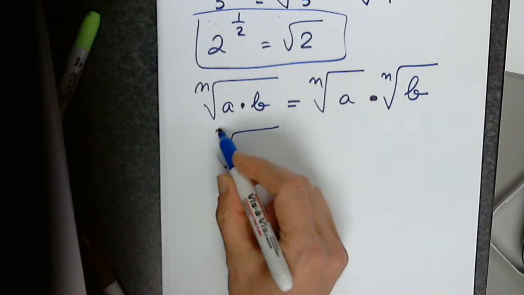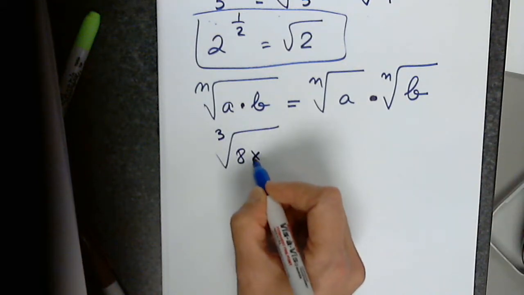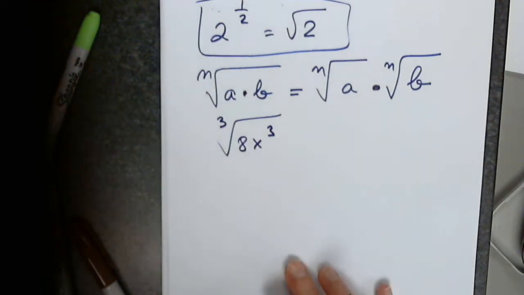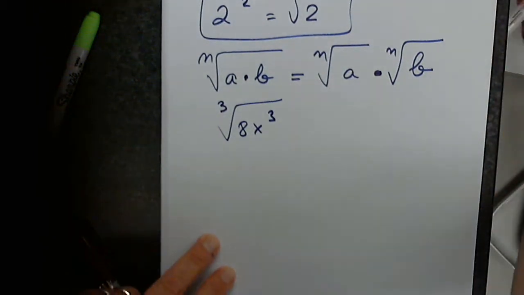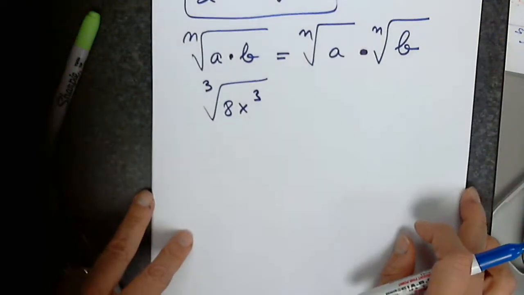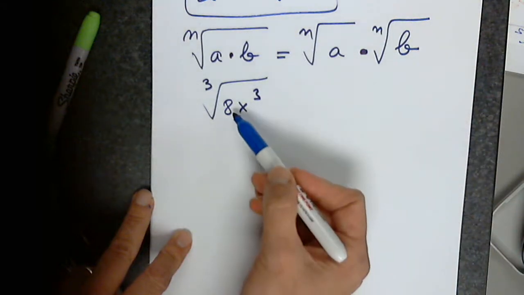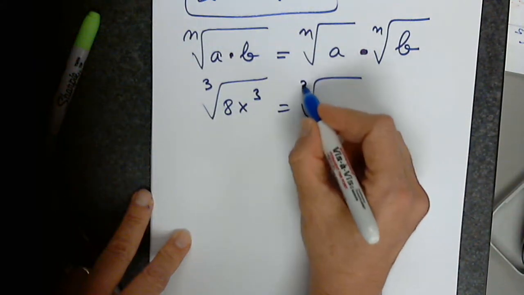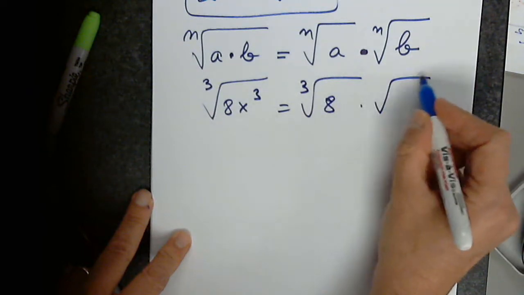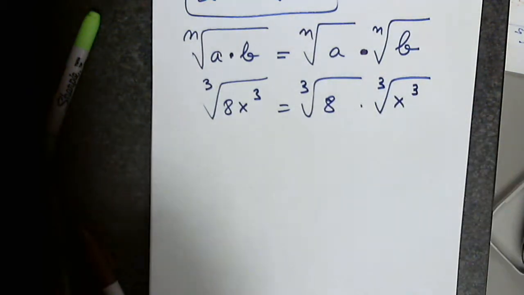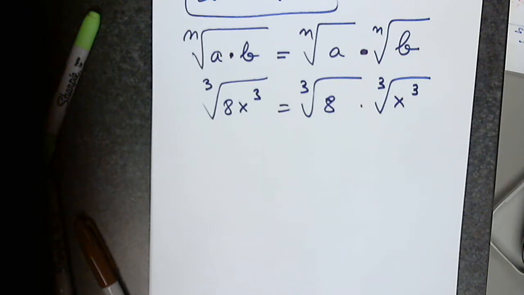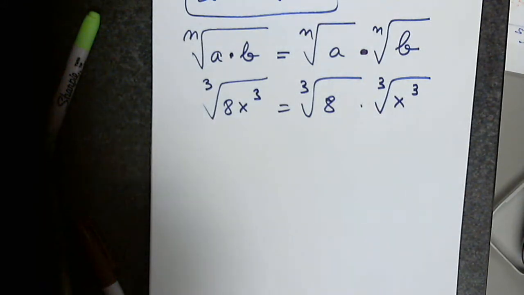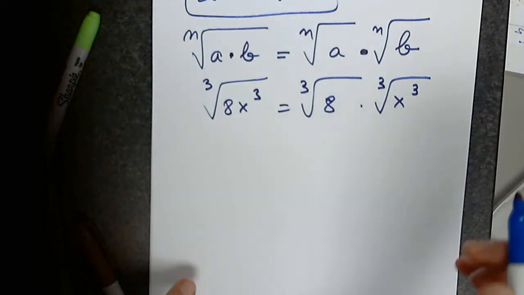Okay, so let's see how we apply this. We have the cube root of 8x cubed. I am asked to simplify this, of course. Is this a product? Good. So then I am allowed to do this. The cube root of a product is the product of the cube roots.